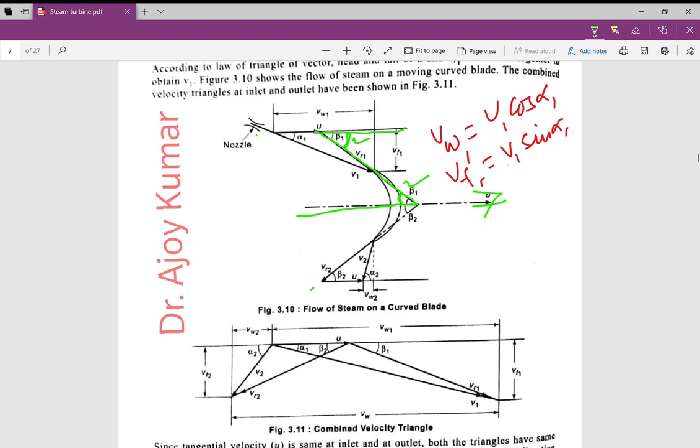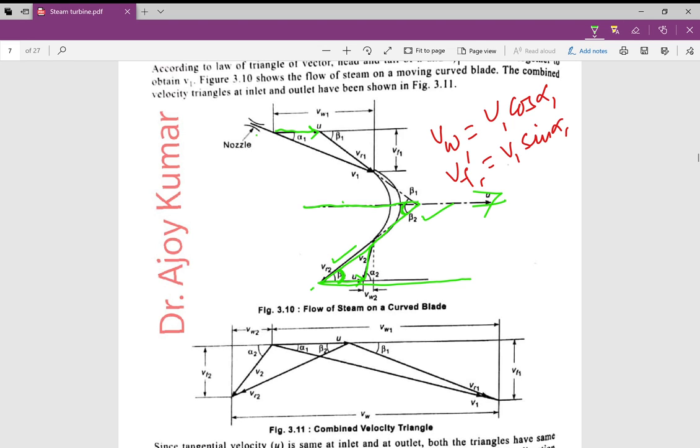Likewise about beta 2, if we draw this horizontal line, incline and then horizontal line, these two are parallel, right? So geometry says this angle should be equal to this angle, so beta 2, beta 2, right? So here this is Vr2 and this is V2, and in the same direction of U, this U is mentioned over here.